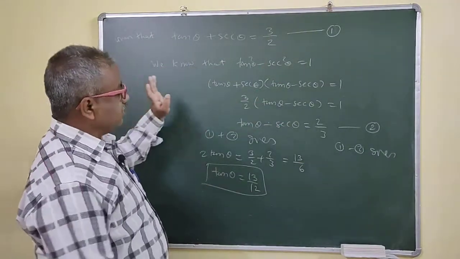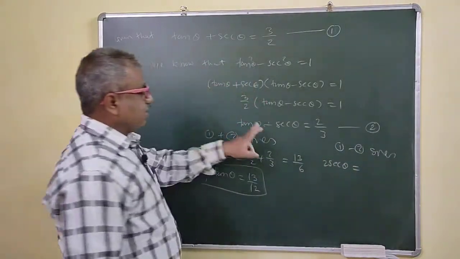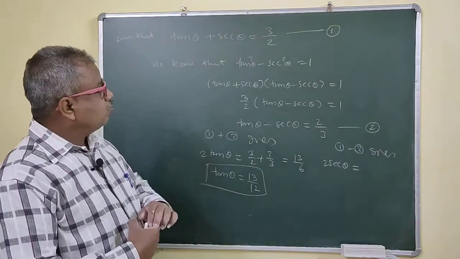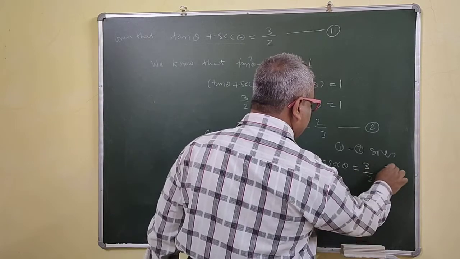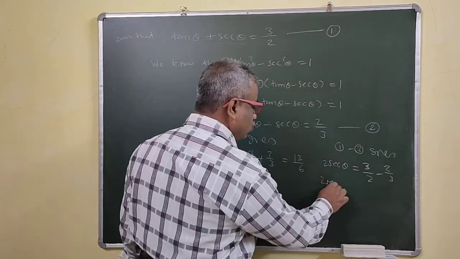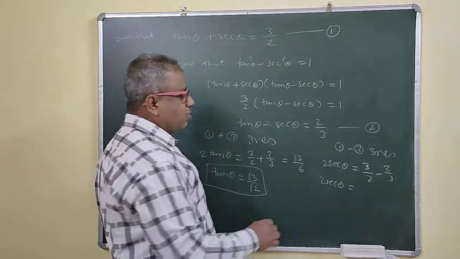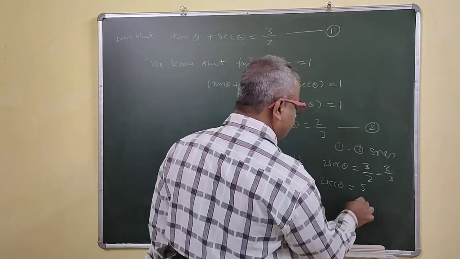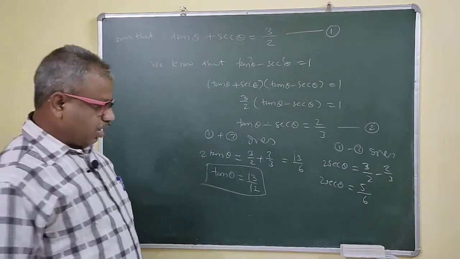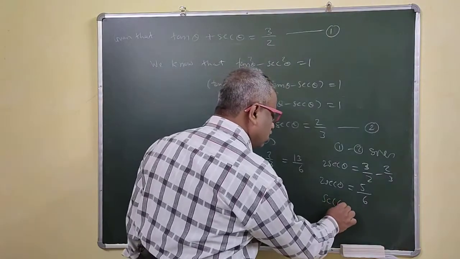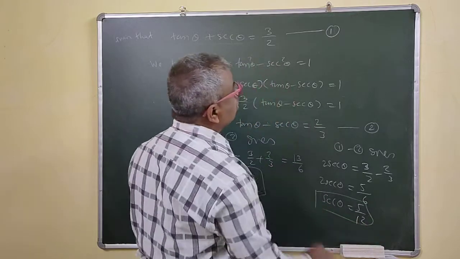Your tan gets cancelled, and this is 2 sec theta. So 2 sec theta is equal to 3 by 2 minus 2 by 3, which is 9 minus 4, 5 by 6. And your sec theta is 5 by 12. Again you get the value of sec theta that you want.